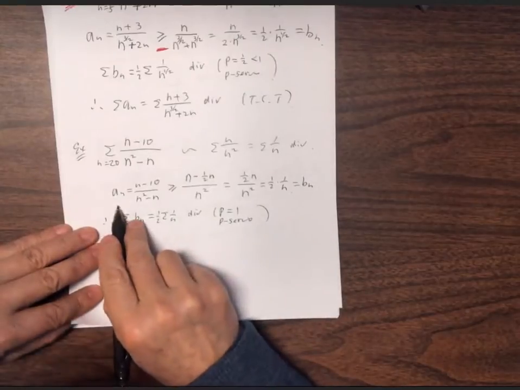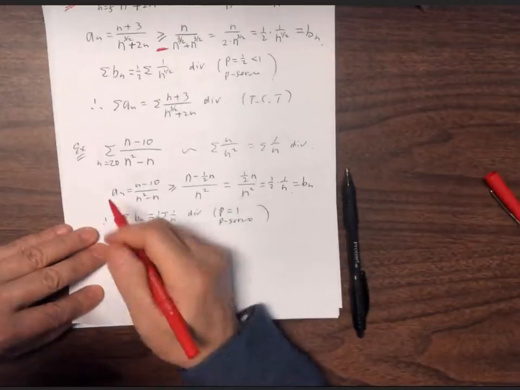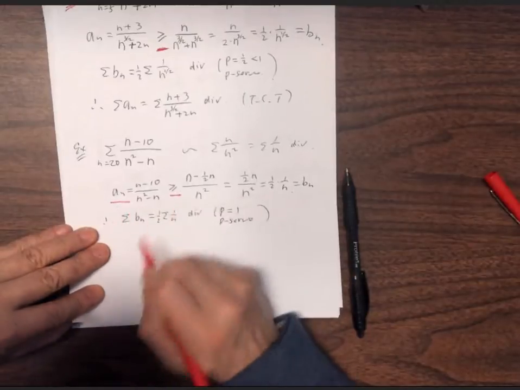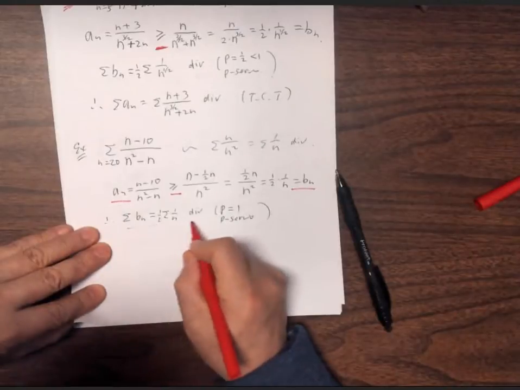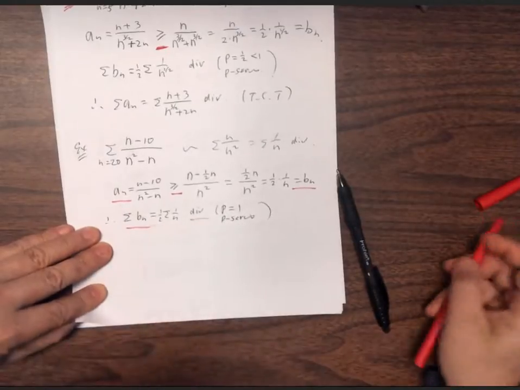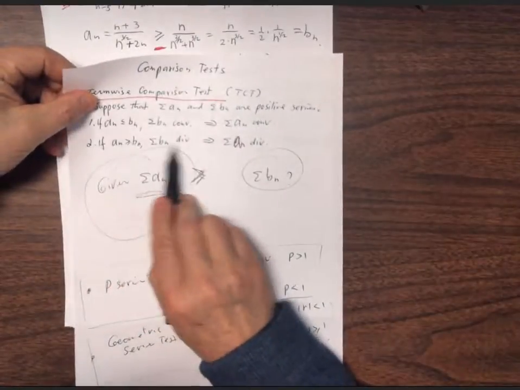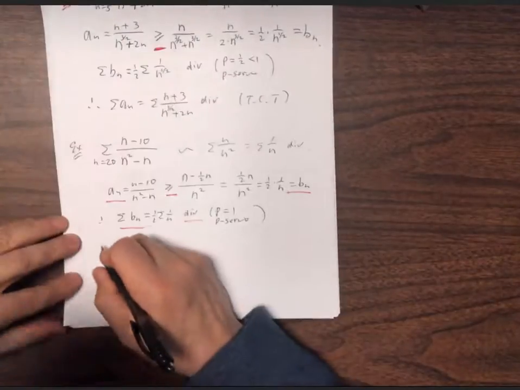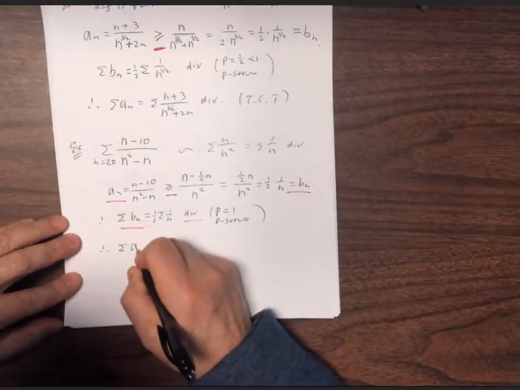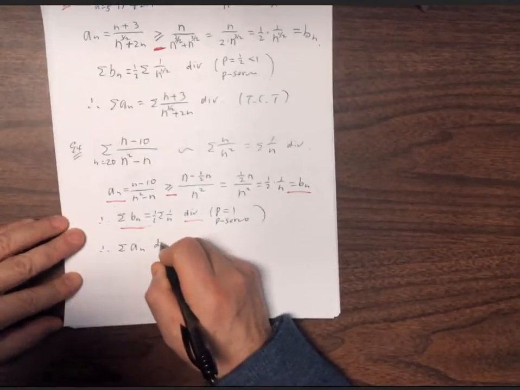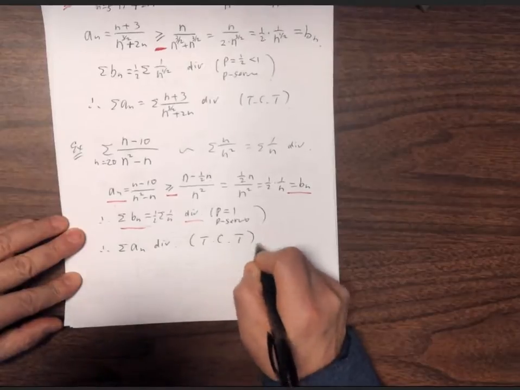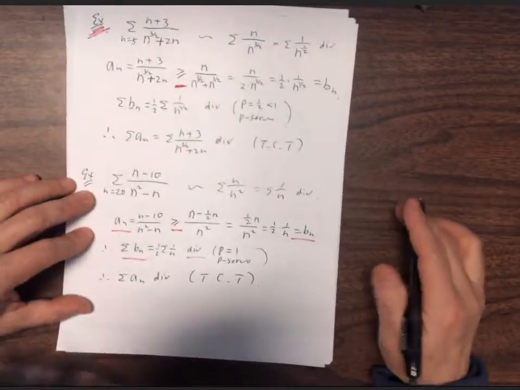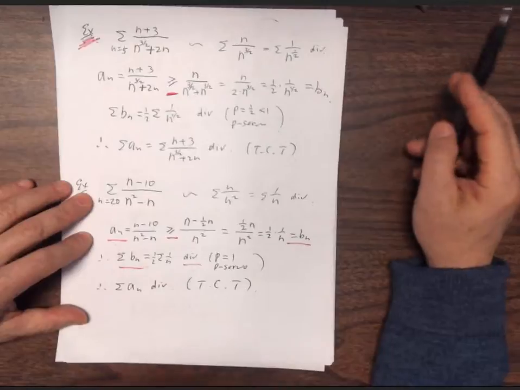So we got the inequality, sigma An greater than or equal to sigma Bn, and sigma Bn diverges. Condition satisfied, so sigma An diverges. This is because of the term-wise comparison test. So this is just another example.